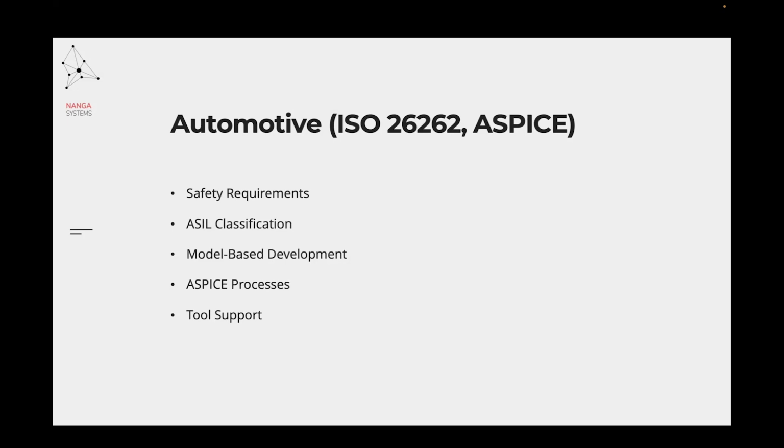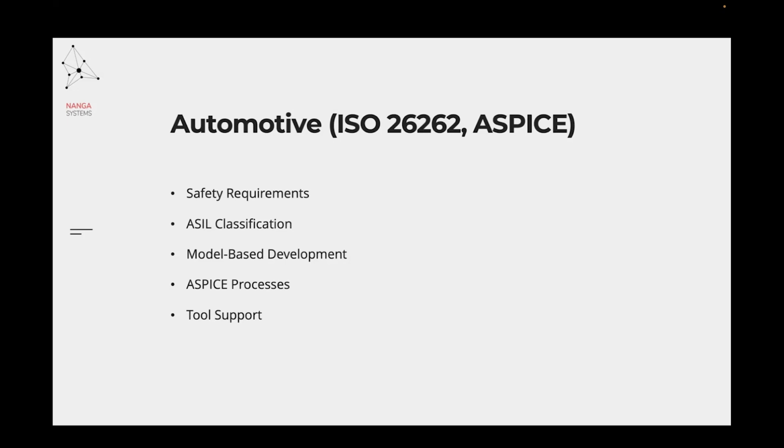ASIL classification, we need to classify requirements where applicable based on automotive safety integrity levels. Higher ASIL levels in this case require more stringent validation and verification processes, of course.